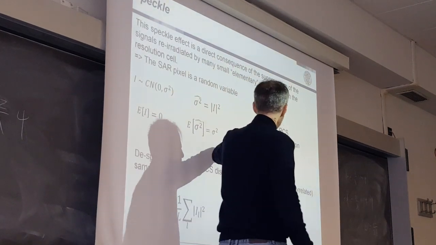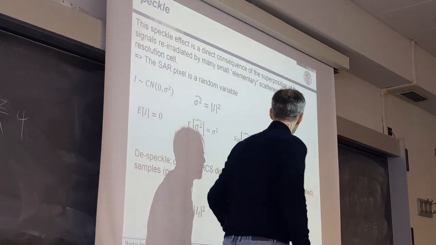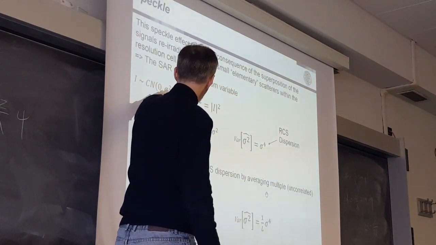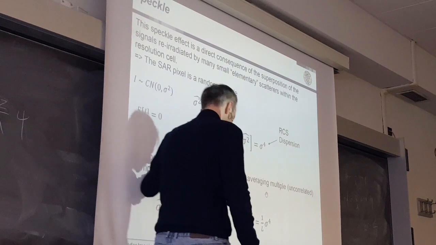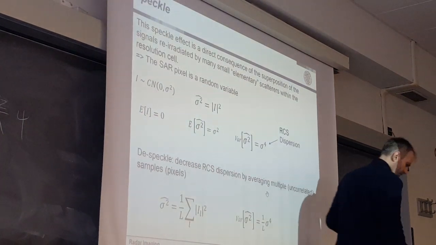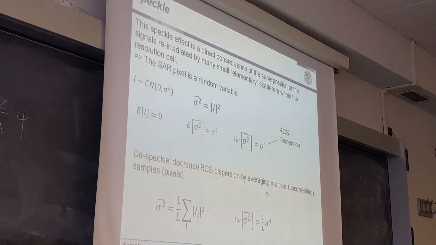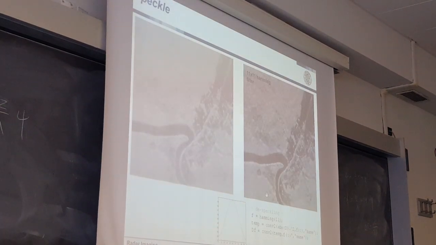So the variance is given by the fourth power of the dispersion. I will go back to this, so do not lose too much time. But I just want to show you this.